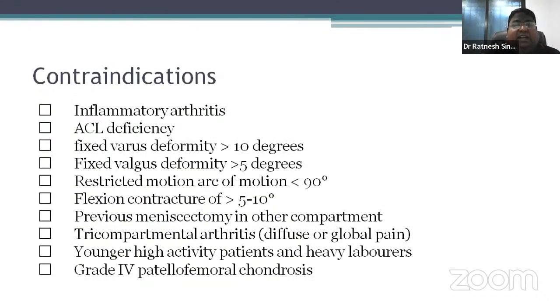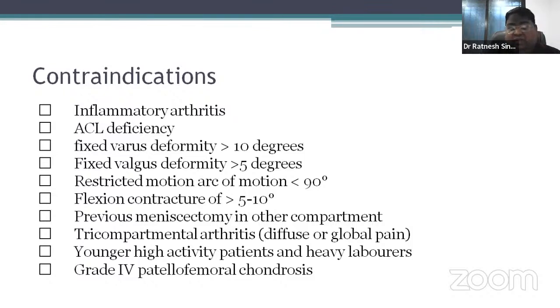The absolute contraindications are inflammatory arthritis, ACL deficient knee, fixed varus deformity more than 10 degrees, fixed valgus deformity more than 5 degrees, restricted motion arc less than 90 degrees, traction contracture more than 5 to 10 degrees, previous meniscectomy in other compartment or tri-compartment arthritis, young high active patients and heavy laborers, and grade 4 patellofemoral chondrosis.